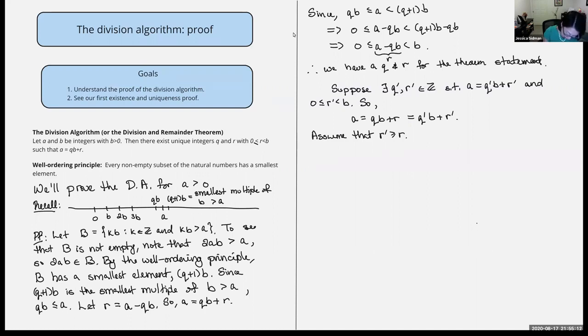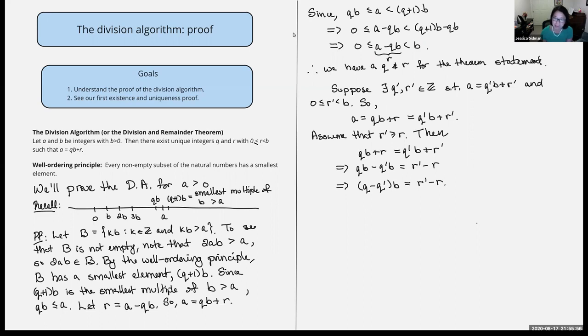I mean, if I have QB plus R equals Q prime B plus R prime, I'm going to subtract the Q prime B from both sides, and I'm going to have QB minus Q prime B, and I'm going to subtract the R from both sides so that I have R prime minus R, and on the left-hand side, this is going to look like Q minus Q prime B equals R prime minus R. That's a little better.